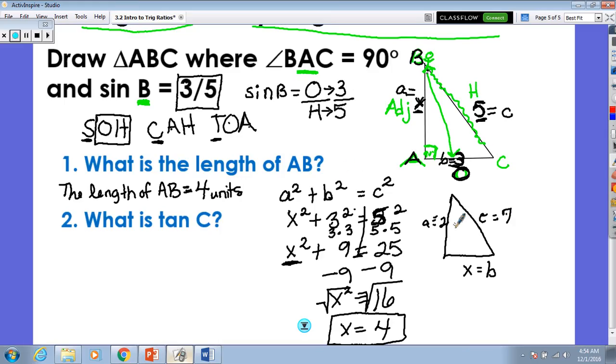Okay? So it's either that or I give it to you like this. A is 5, C is 12, and you need to find B. So you don't need a triangle, you just need the numbers for A and C, and you can just plug them into your Pythagorean's theorem.